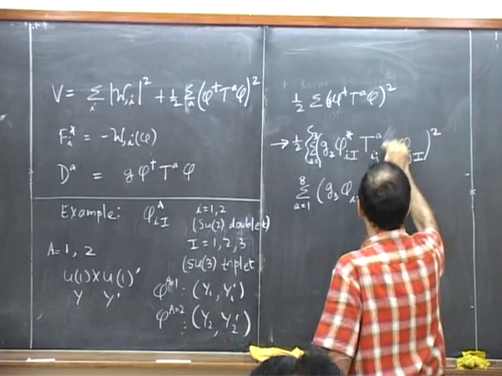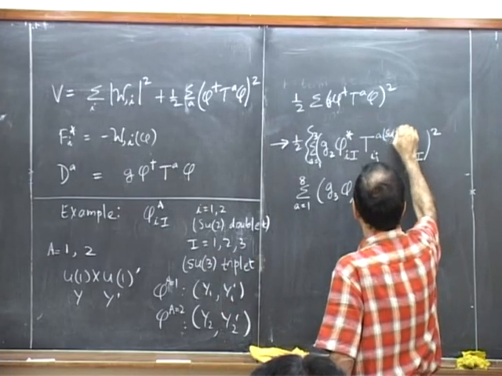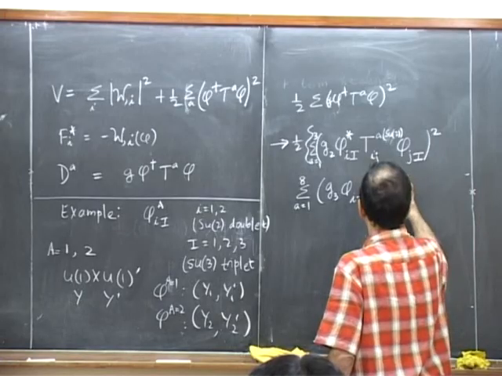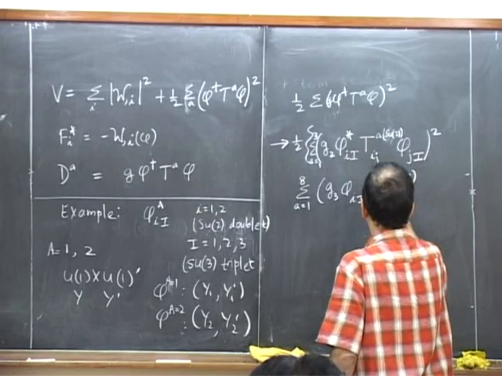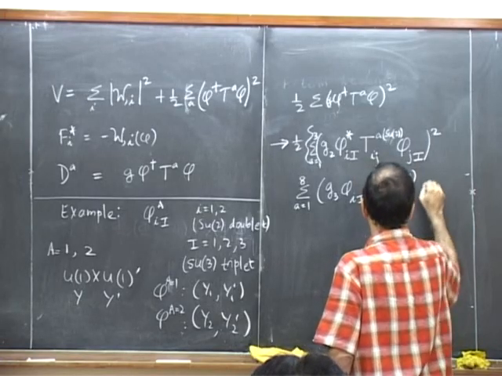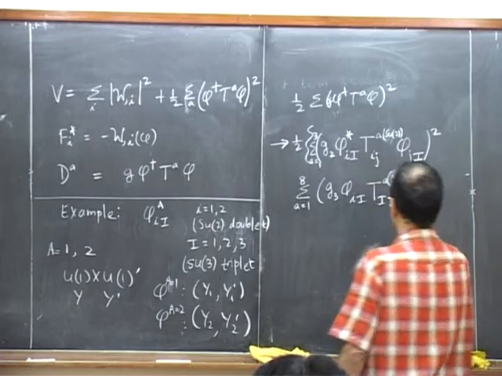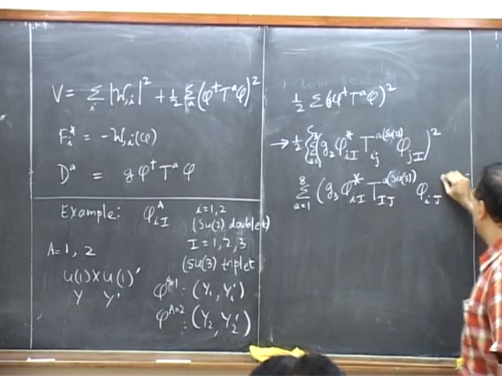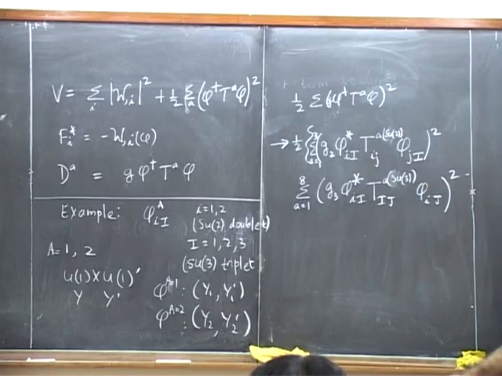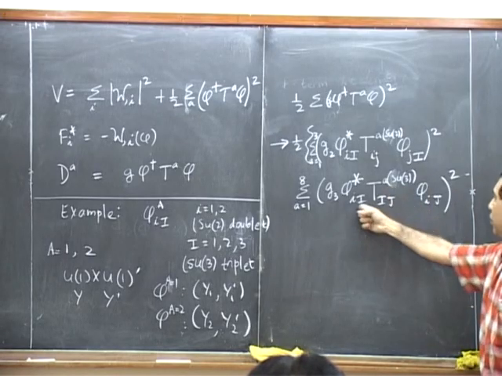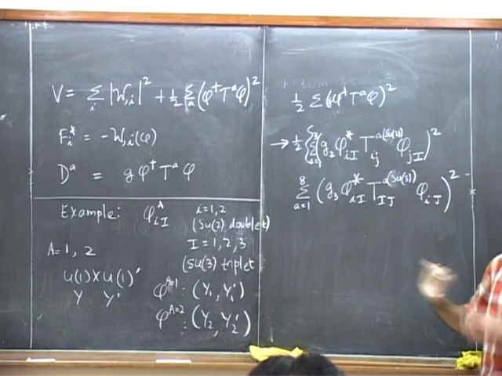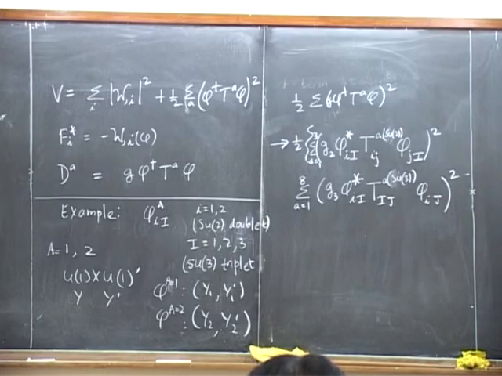Let's make the notation very clear. j by I j star squared. Okay, so this time the generator of SU3 is contracting, but the other generators are all diagonally contracted.